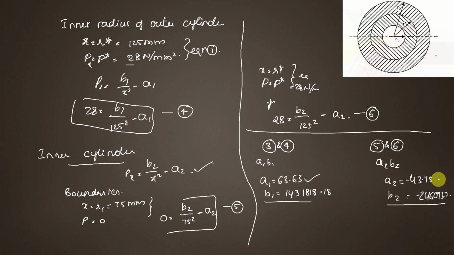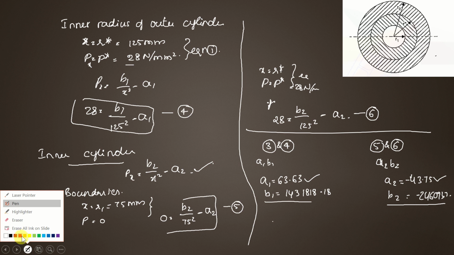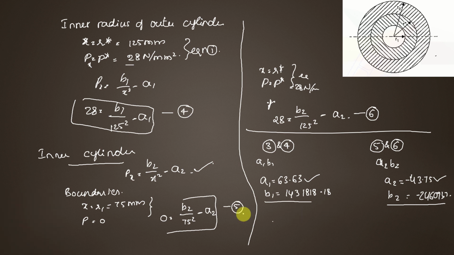And we need a1 and a2 values because we need to find out the final change in diameter, the shrinkage in the cylinder. So that is nothing but delta r is equal to, we have the final equation, 2r star by E into a1 minus a2. If you have a1 and a2, that's enough.